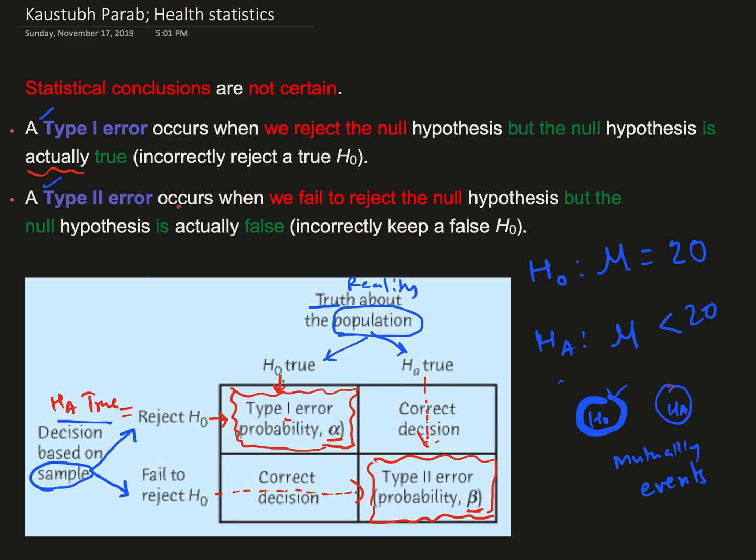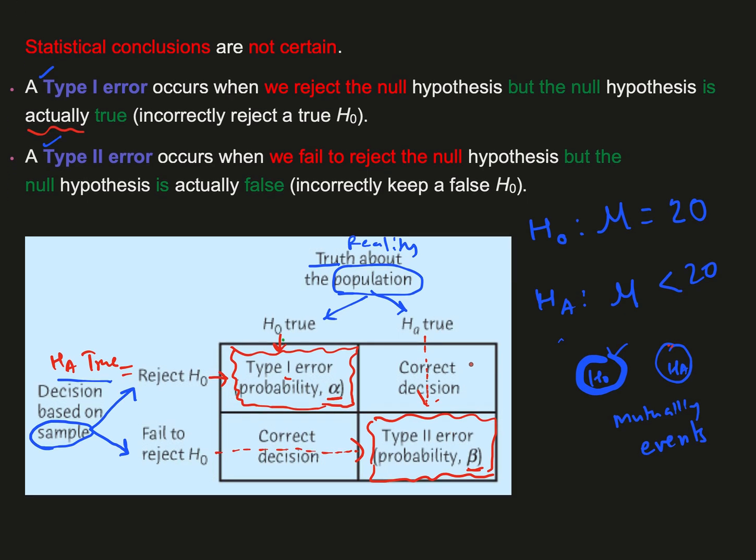Type 2 error occurs when we fail to reject the null, but the null hypothesis is actually false. That means the alternative is true, and that's nothing but type 2 error.